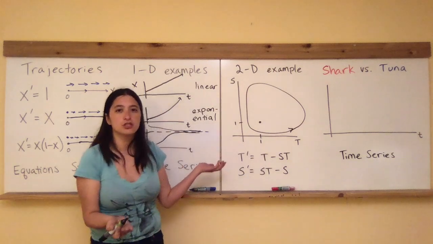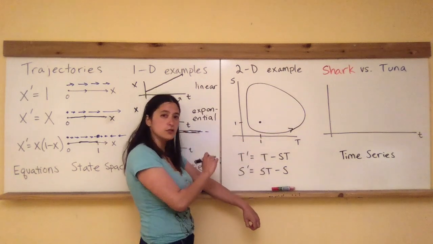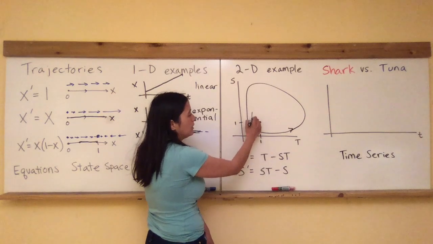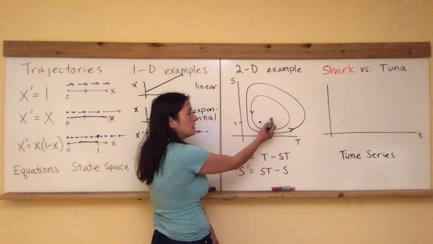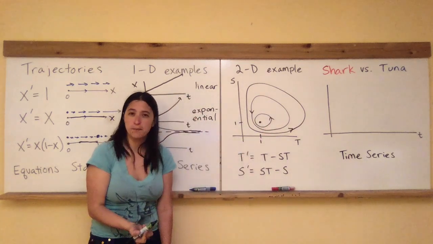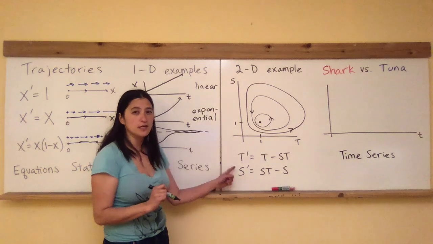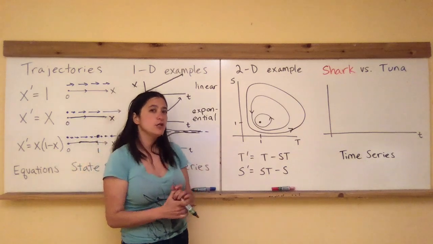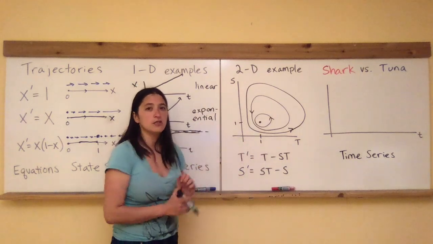I could have also drawn other trajectories for other initial conditions. Like if I started here in the state space, I might end up in a closed loop that looks like this. If I started over here in the state space, I might end up in a closed loop that looks more like this. Now these aren't really drawn perfectly by hand by me right now, but again, if you click on those links in the description and plug in these equations using x and y for the first and second variables respectively, you'll get to click on your own initial conditions and you'll see them start to get drawn on top of the vector field.